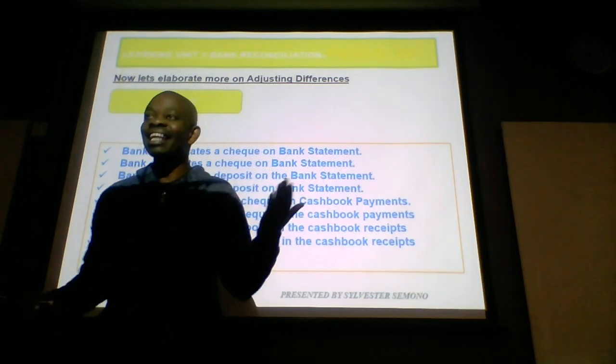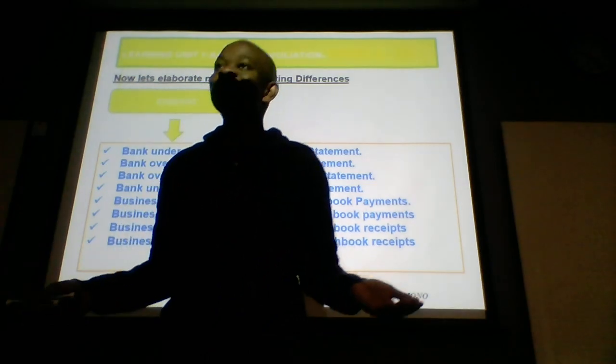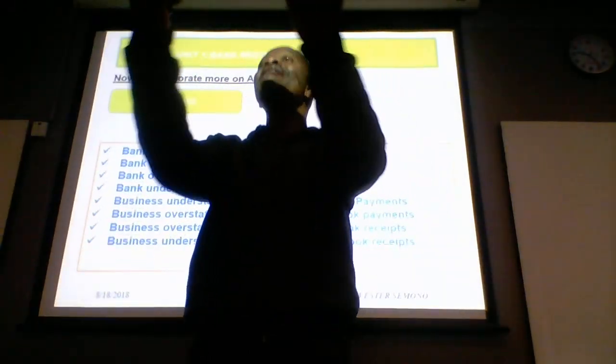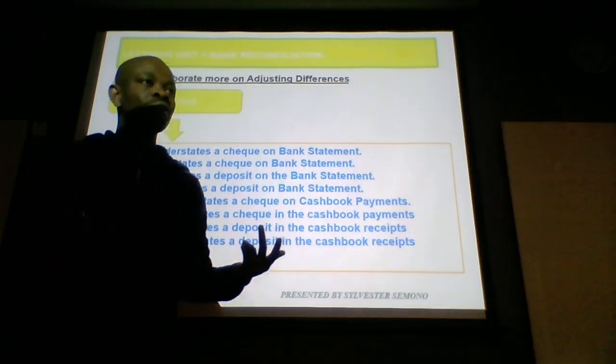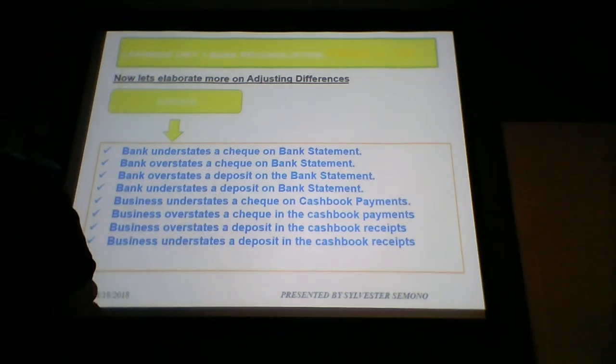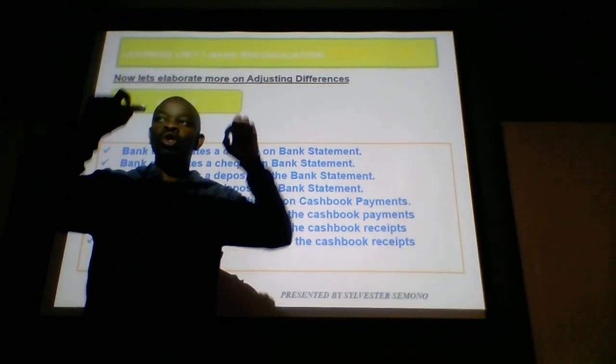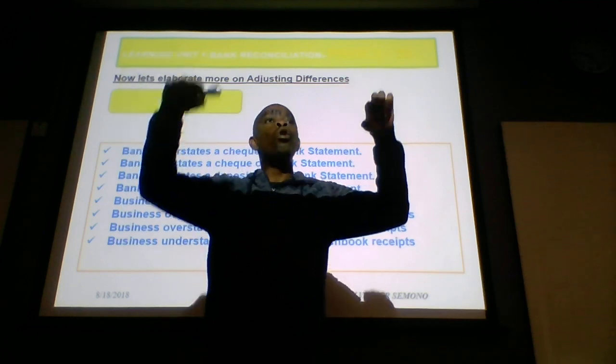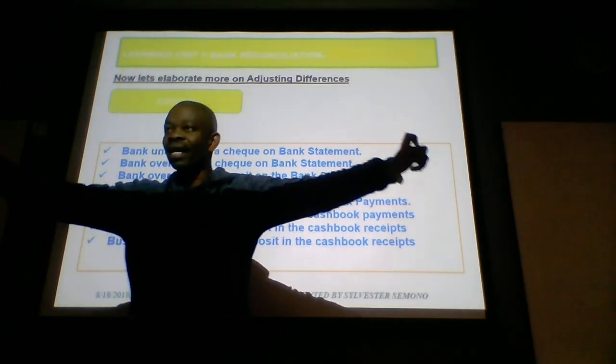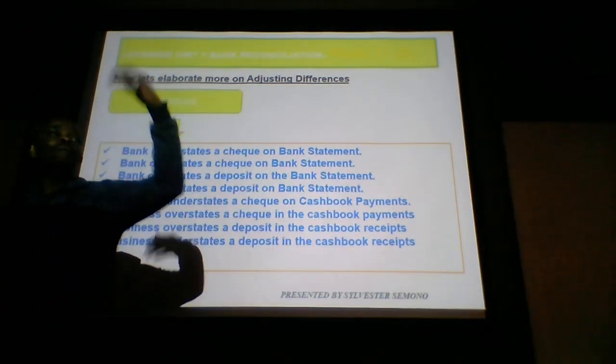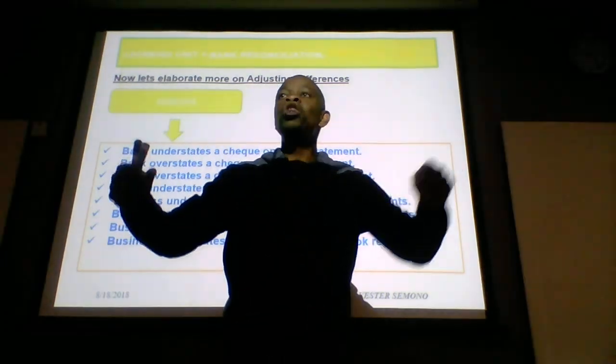Obviously, if ABSA made an error, you're going to see it on the bank statement. But if we made errors, we're going to see those errors in our cash books. So the first thing to do is to identify the error, know who made the error between us and the bank. Did you get it? Depending on the nature of the error, you will know where to record.